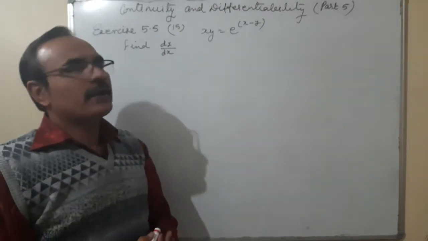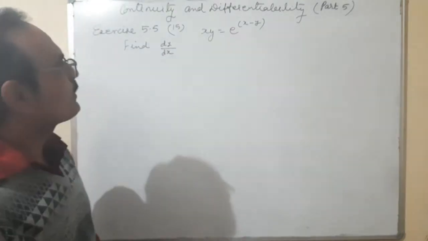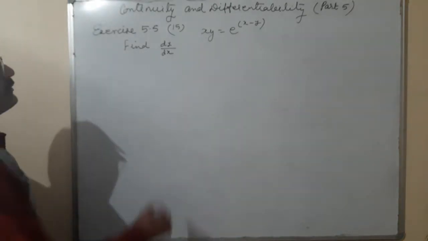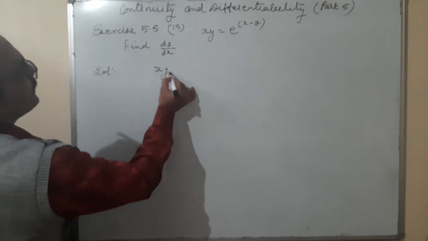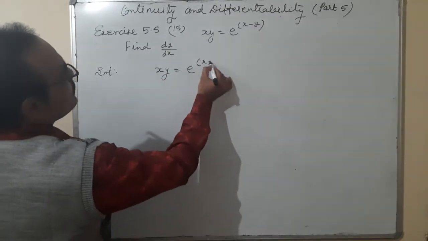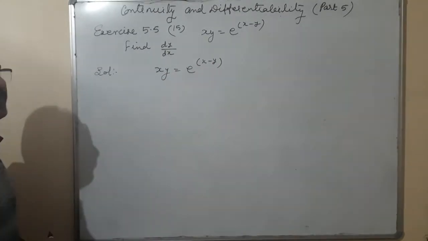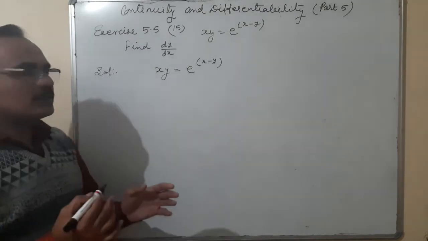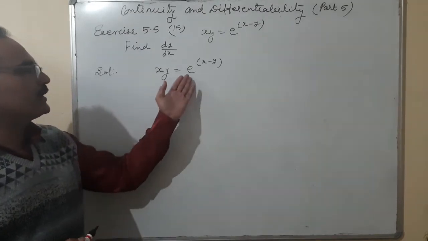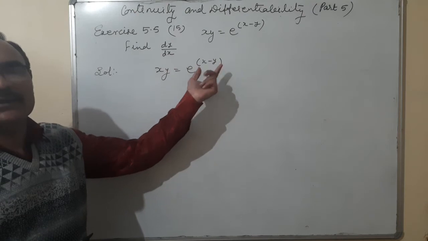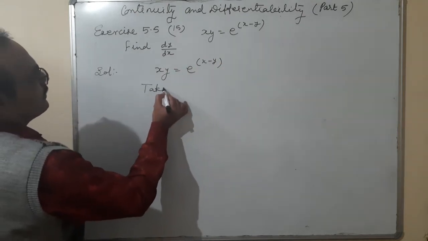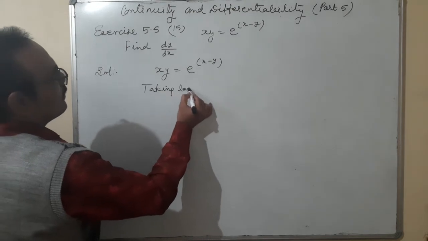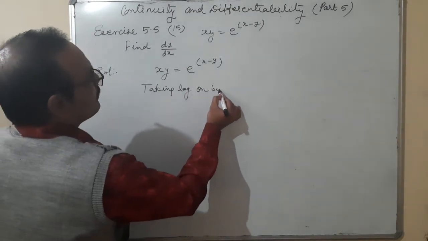xy is equal to e to the power x minus y. Because two functions, x and y, are there, and e to the power x minus y is a complicated term, taking log on both sides.